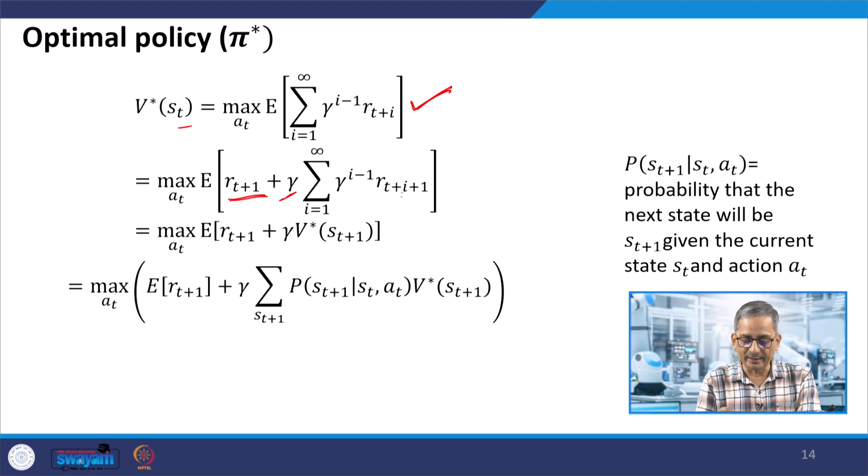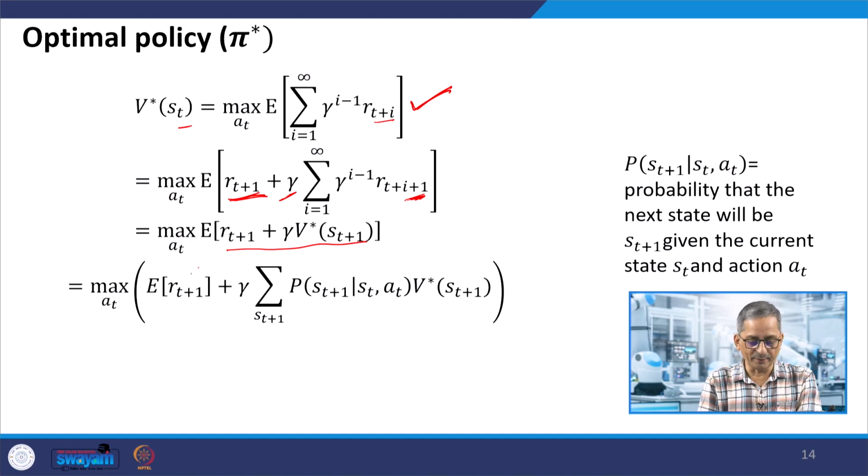Since I am taking r_{t+1} out, I start here with t+i+1. This can be written in a compact form like this.